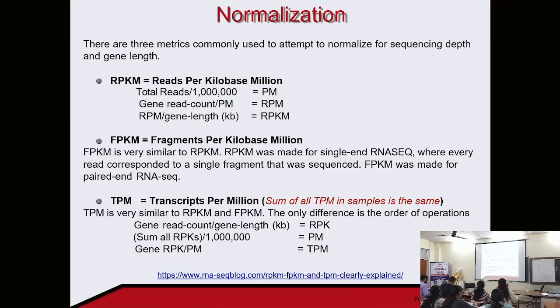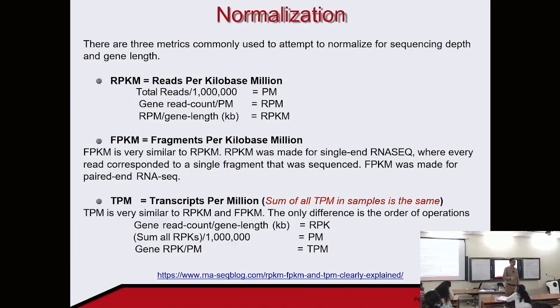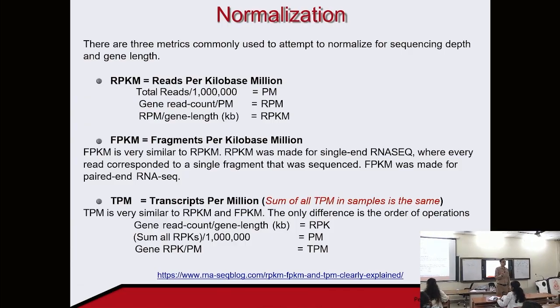That would be reads per kilo base of transcript, and then per millions of reads mapped onto the genome. So you divide by all the reads that mapped onto the genome and then multiply by 1 million. This way you have normalized with respect to both length of the transcript and the sequencing depth.